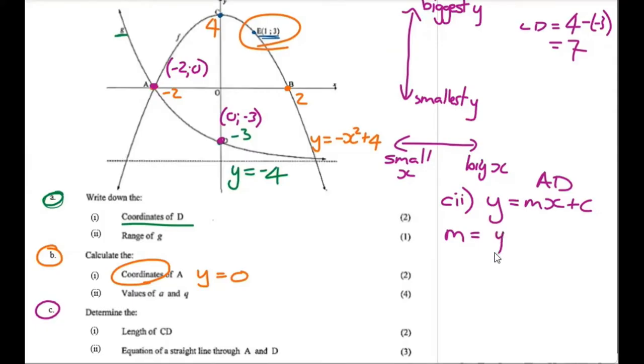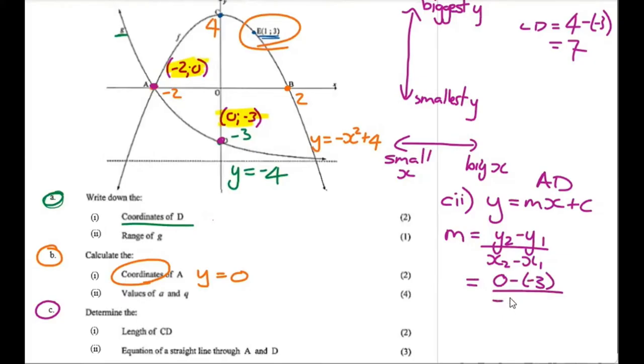Remember, your formula for your gradient is y2 minus y1 over x2 minus x1. So you've got to use the coordinates that we've got. So I'm using the coordinates for D and the coordinates for A. It doesn't matter which one you start with, as long as you keep with that one. So if I subtract my y values, I'm going to go 0 minus -3.